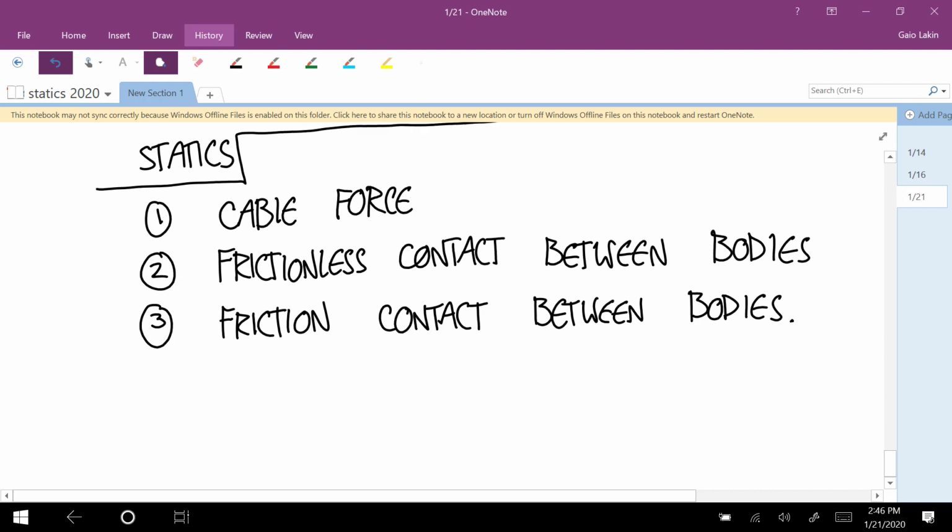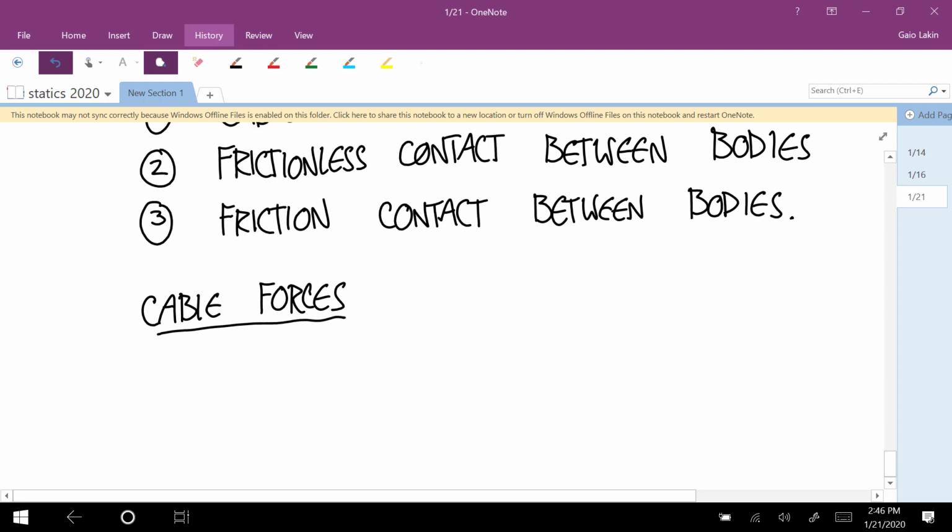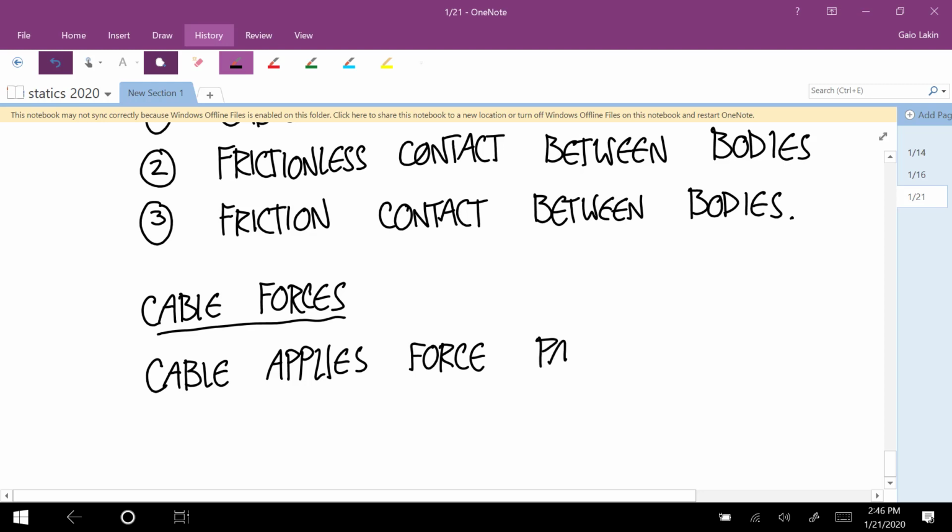Okay, so the first one is cable forces. And a cable always applies a force parallel to the cable and away from the chosen body.